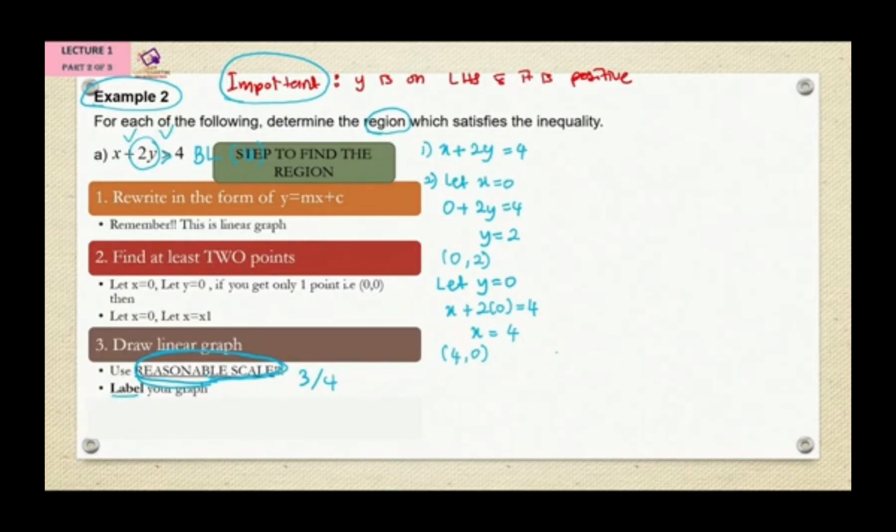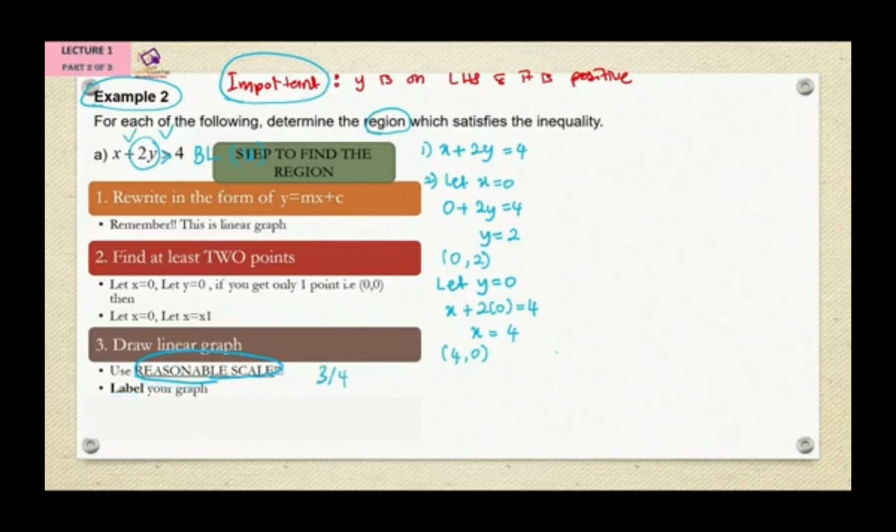Most students have problems when they compare their graph with their friends', because some friends use a different scale than yours. When you compare graphs, you should check your friend's scale so that your graph and your friend's graph are correct. So the reasonable scale is so important.